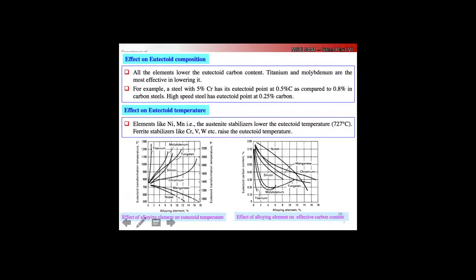If we don't have the chromium in there, we can get 0.8% carbon in. High-speed tool steels, right? Because of the alloying, we have eutectoid point at 0.25% carbon, right?